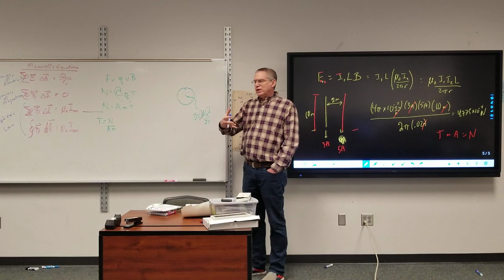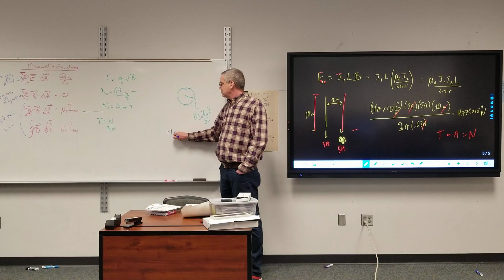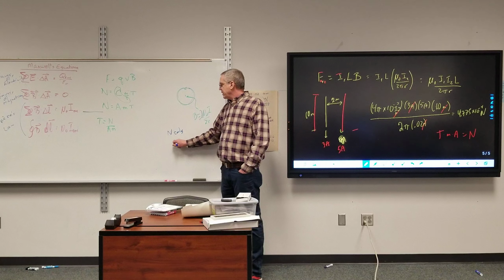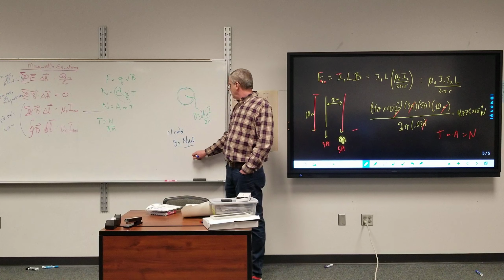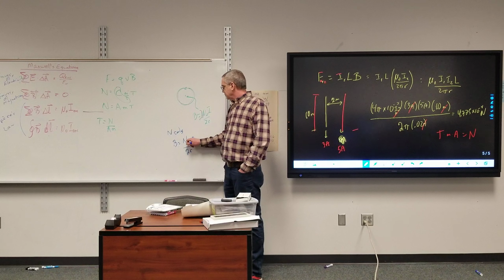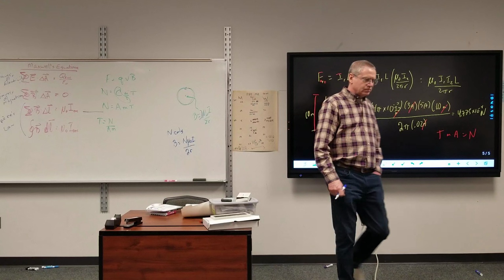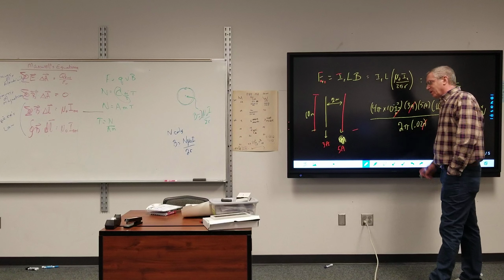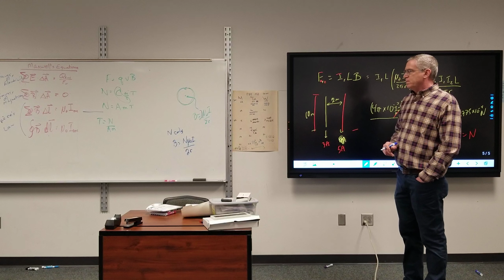Now, very crudely, if I have N coils, the magnetic field in the middle is N mu naught I over 2R. In reality, it doesn't work out quite as nicely as that, but that is good enough for 152.